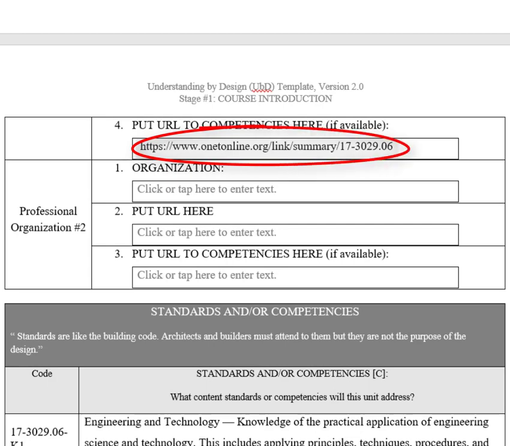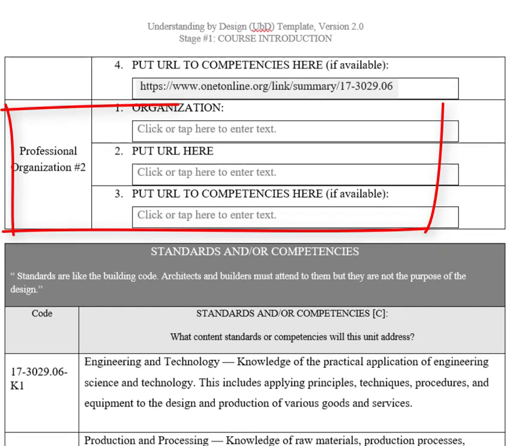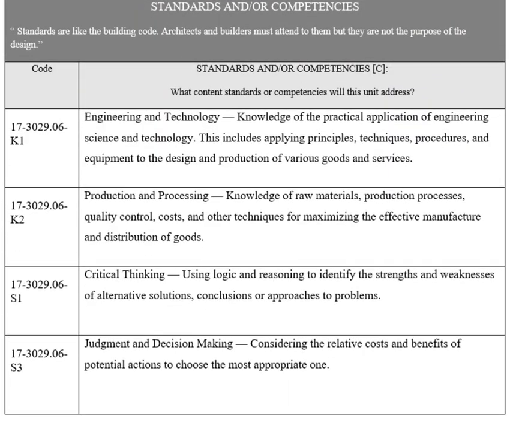If it's the same as what you had in Unit 2, then you don't need to list it again. But in this case, there was a separate link for the competencies listed. And sometimes there's more than one professional organization, so there's a spot here for another one to be listed in the same fashion.